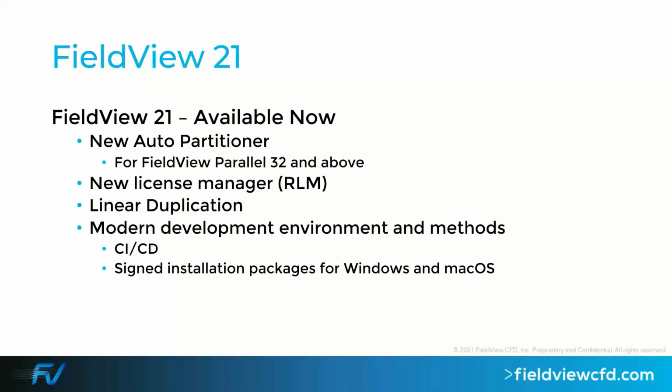Good. Another question. When you're using unsteady OVERFLOW and PLOT3D with changing grids, does the Auto Partitioner work as the grid changes? Yes, it's going to look at every time step individually. For an unsteady case with a changing grid, FieldView has to redo the work at each time step of reading the case and reading the results.